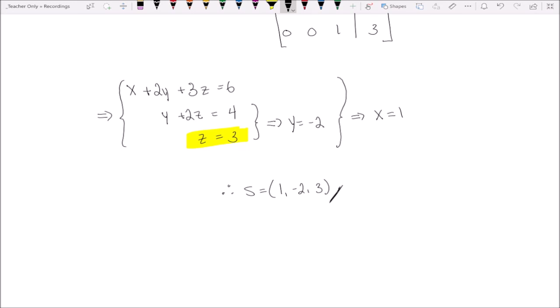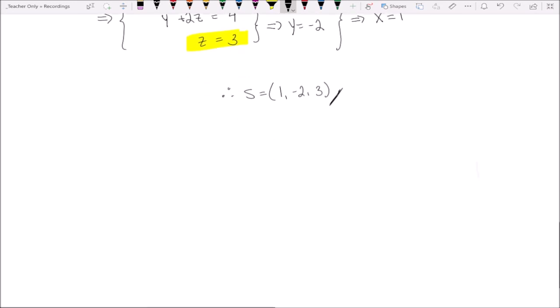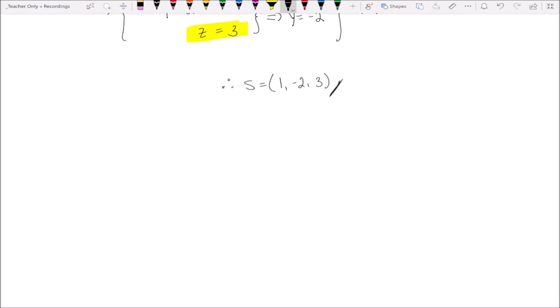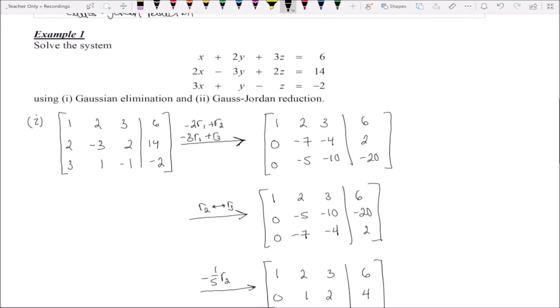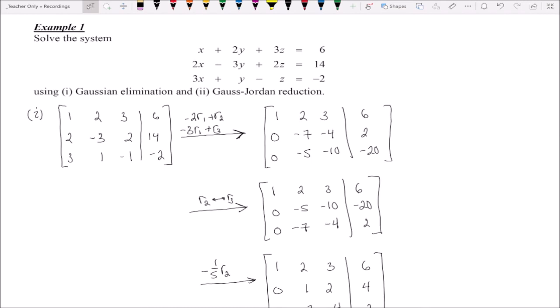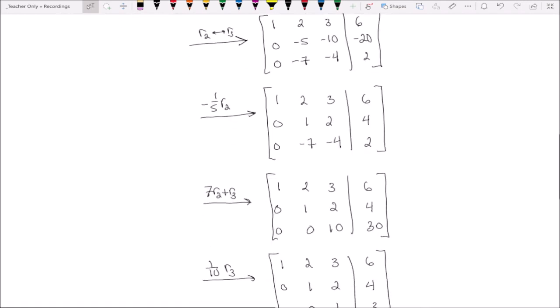Now for Gauss-Jordan. Again, you want to start by writing your system as its augmented matrix.